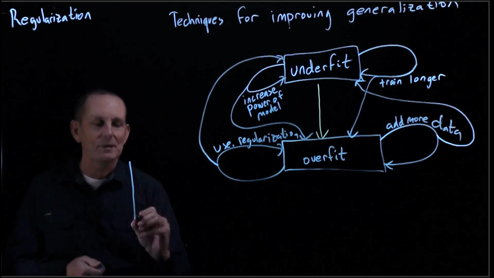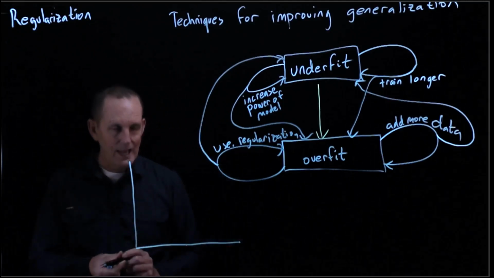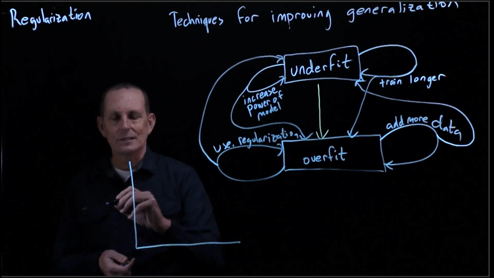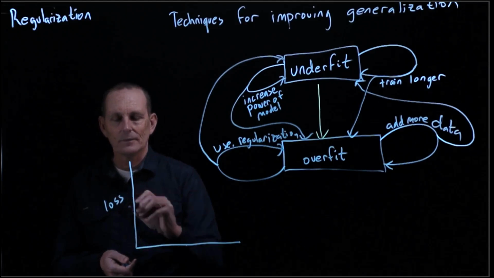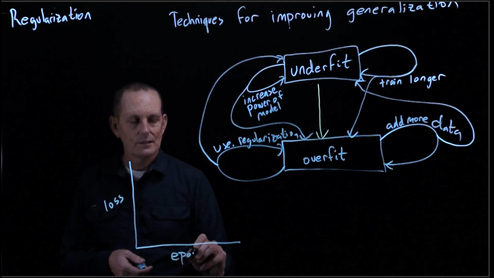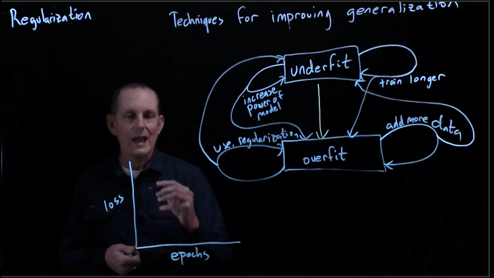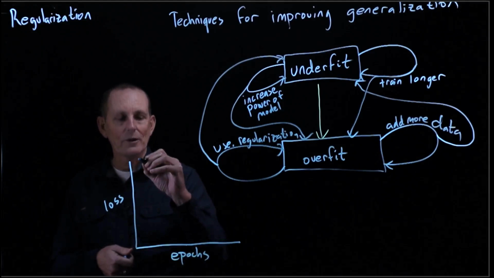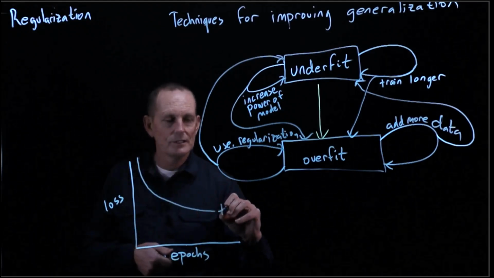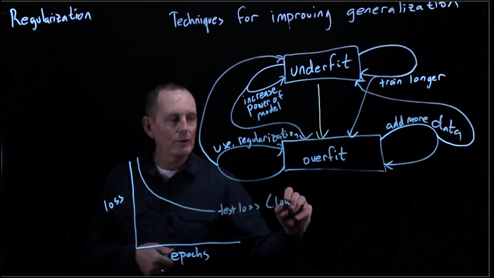So what's going to happen is, as we look at, let's say, this is the loss, and this is the training. If we have a low-powered model, this is the test loss, low power.